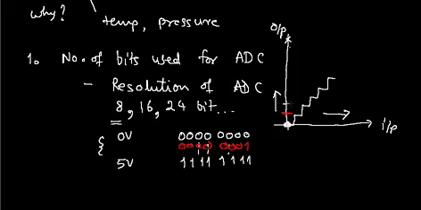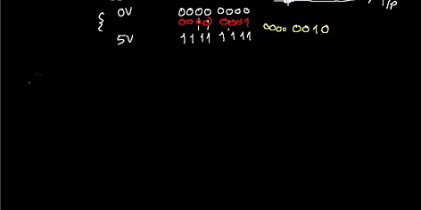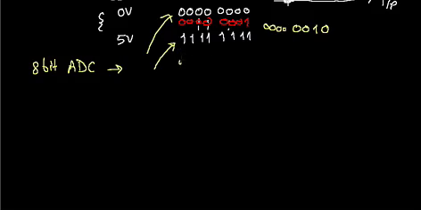The next value will be this, which can be 0 0 1 0, and like that. So, we have discrete values at the output. How many steps there will be depends on how many bits we use. For example, if we have an 8-bit A to D converter, then we can have values from all zeros up to all ones. So, we have 256 levels.